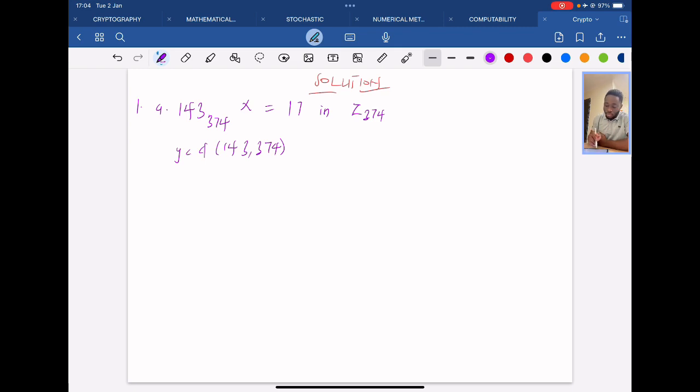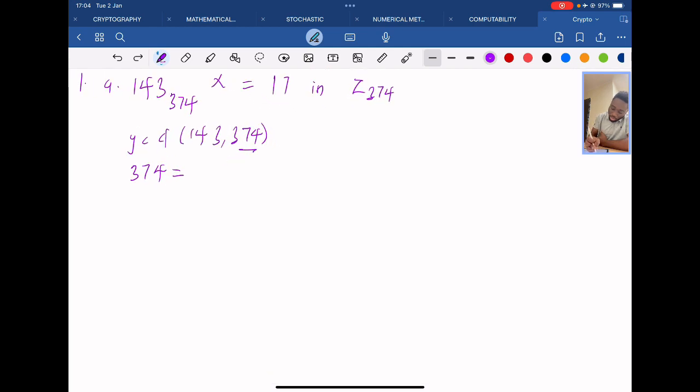Now, for us to know the GCD of this, we have to use the Euclidean algorithm. So we start by doing this, 374, which is the bigger number, is equal to 143 times 2 plus a remainder of 88.